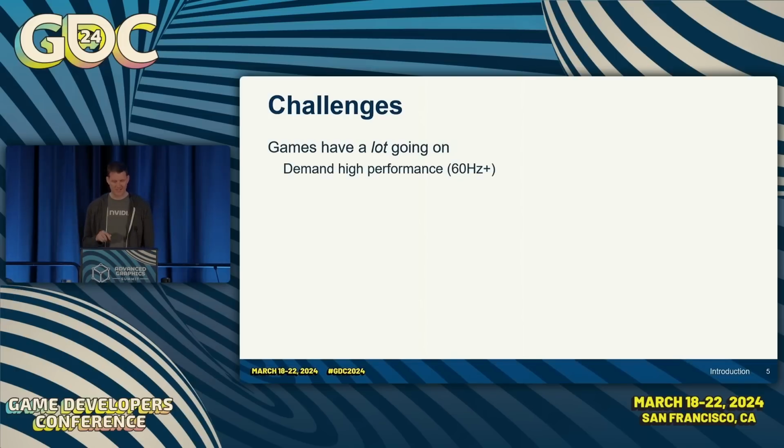They demand a high level of performance. They demand you delivering on an artistic vision. And the artists may not want a perfectly photorealistic game. They may want to bend or break the rules of physical reality. And your renderer or rendering system needs to be able to deliver on that.